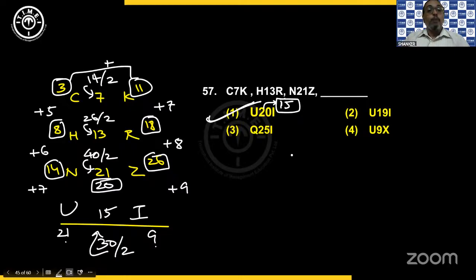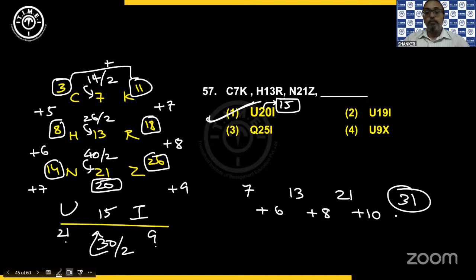Generally, when you have a combination of alphabets and numbers, the logic will be like this. Either the numbers will have their own logic. So you have 7, 13, 21. By adding 6 here, by adding 8 here, the next you add 10, you'll get 31. That could be a logic, or it will be a logic based on the place values. So here they are matching by 2, by 2, by 2.